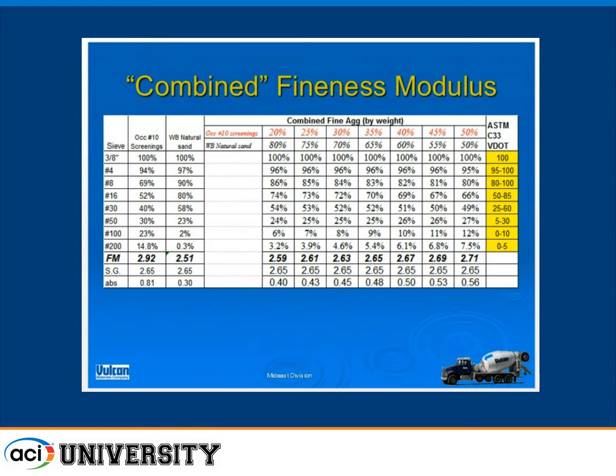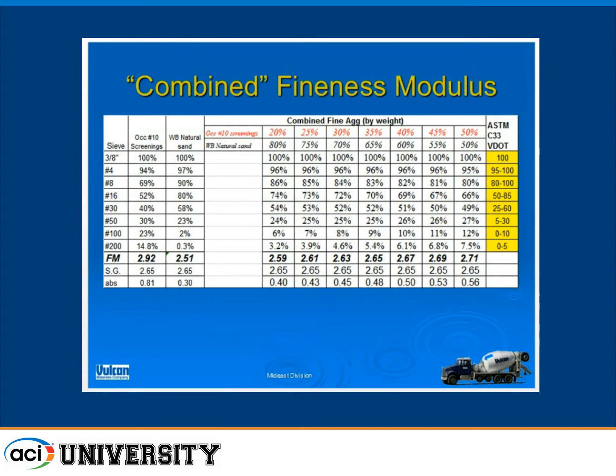It's nothing more than a simple weighted average of the gradations at different blending ratios. In this particular case, if there is a specification limit on the amount of minus 200, for example a 5% maximum allowed, then you're not going to exceed 30% number 10 screenings, somewhere in the 30% range.